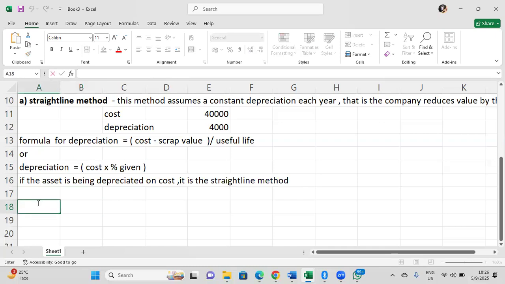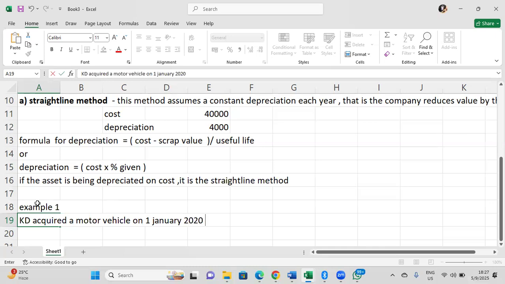So let's have example one. KD acquired a motor vehicle on 1 January 2020 for 50,000.